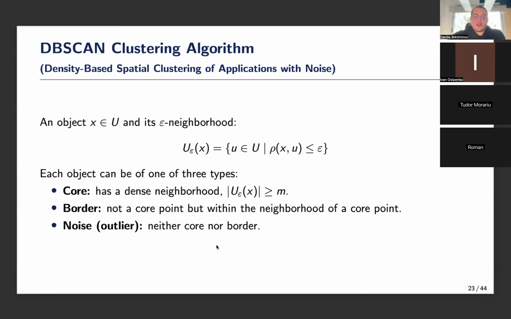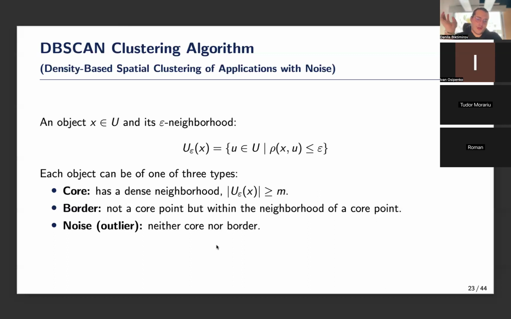It's based on the concept of neighborhood. A neighborhood is a set of objects that are located within a distance of no more than some epsilon from the given object X.